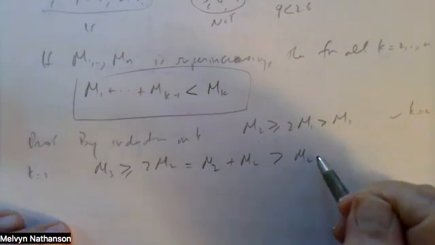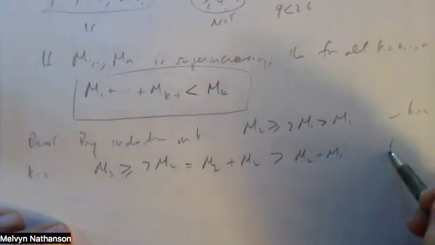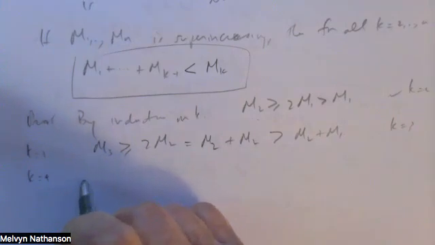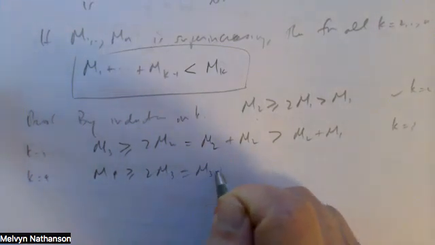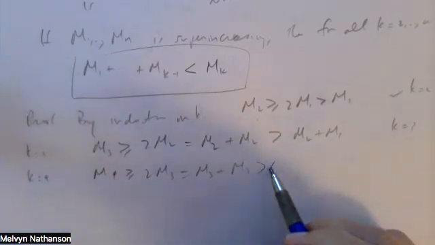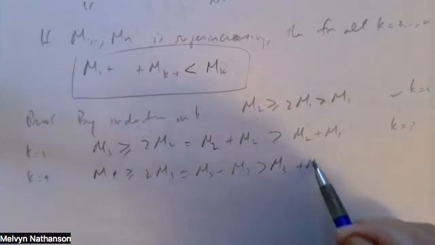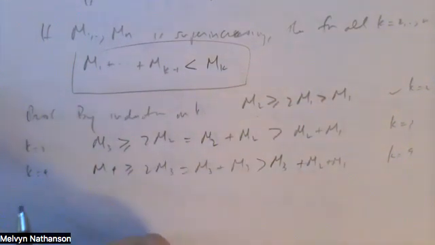So this is strictly bigger than M2 plus M1, which is what we had to prove for k equal 3. And we could continue like this. If you take k equal 4, M4 is at least 2M3, which is M3 plus M3. And we just saw that M3 is strictly bigger than M2 plus M1.